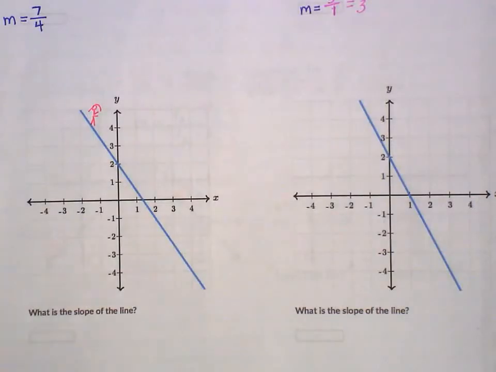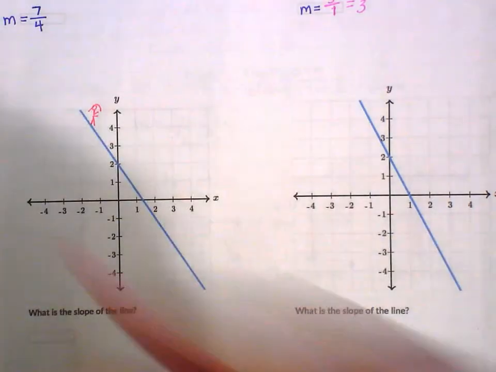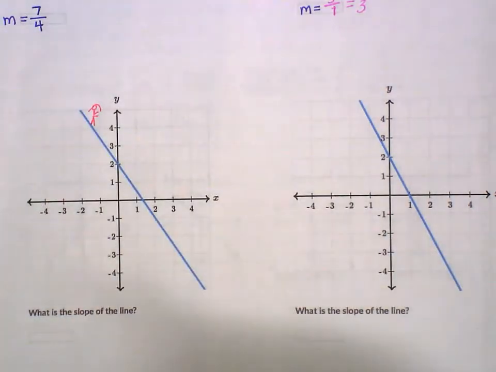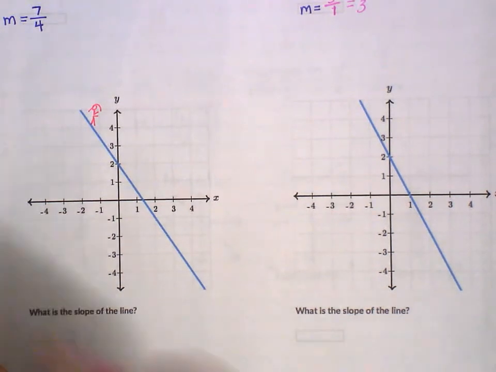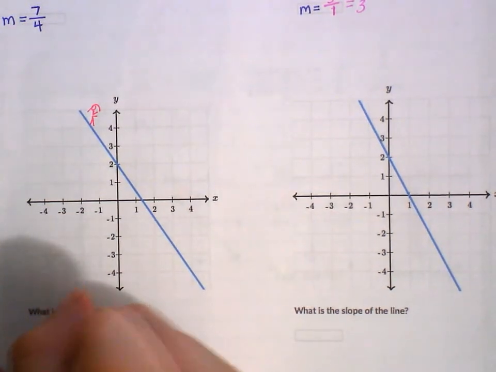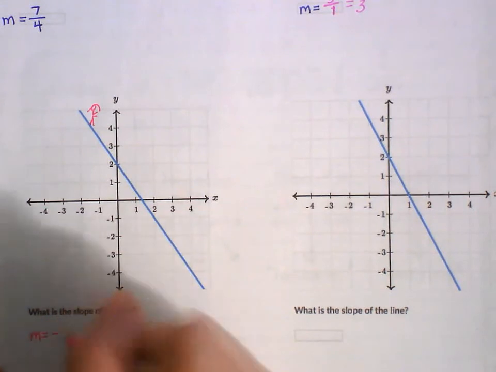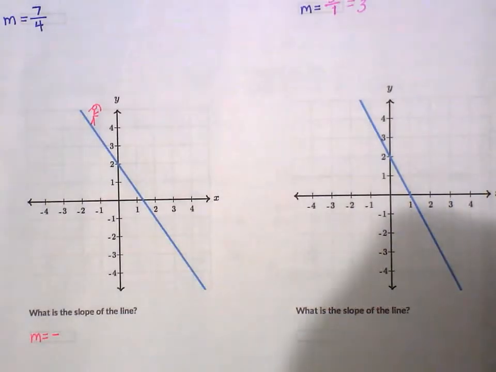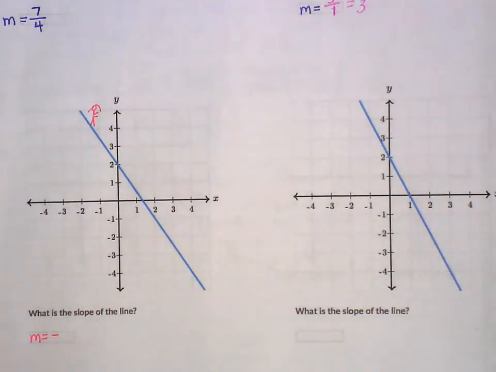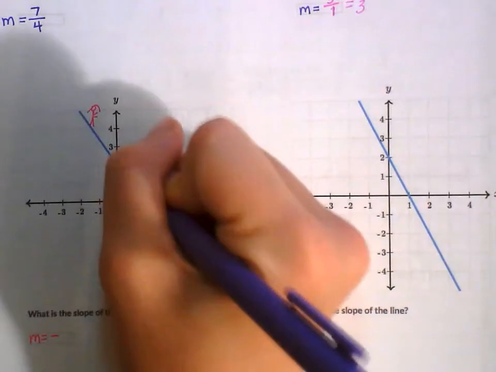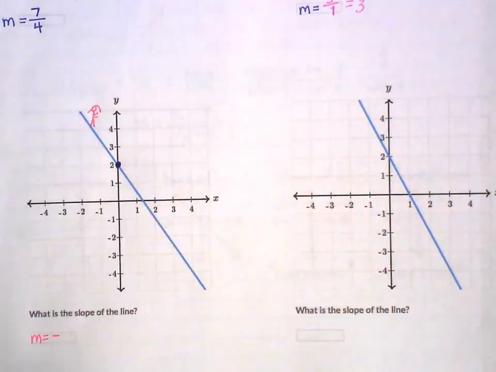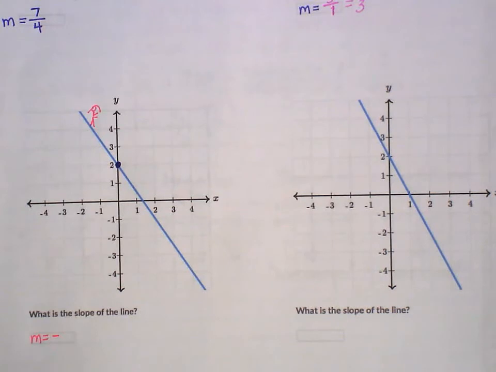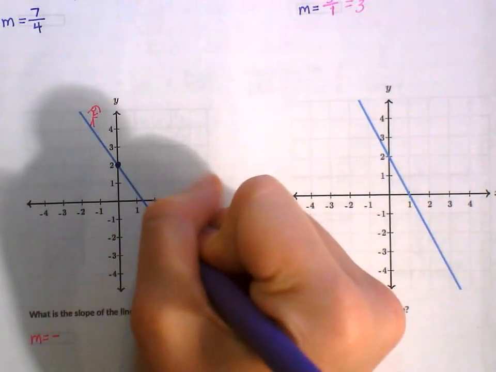So if you're running down the line from left to right, it's going to be a negative slope. So this slope better be negative. So let's find 2 points that we can go through. I see this one right off the bat. And I see this one.